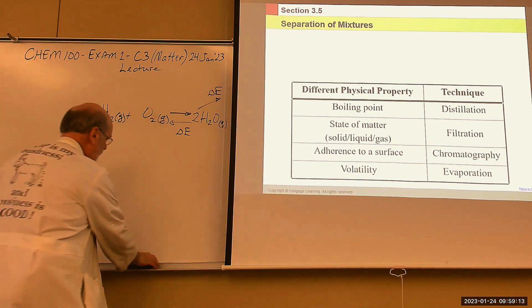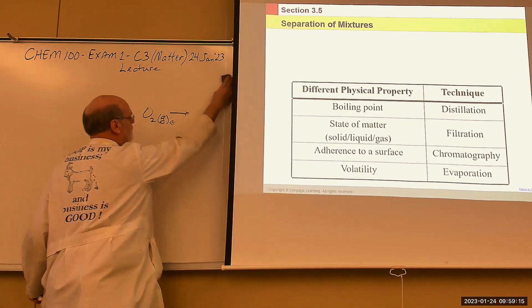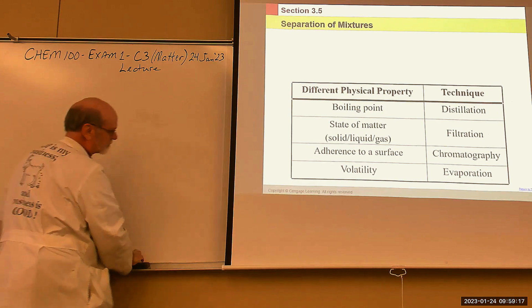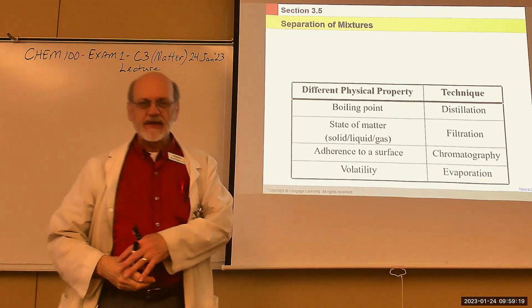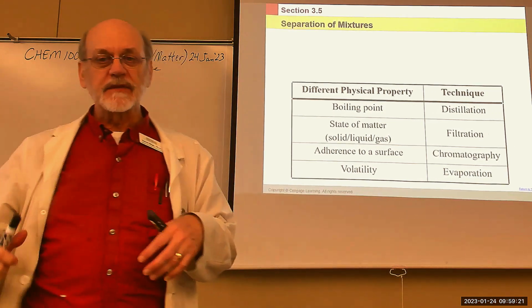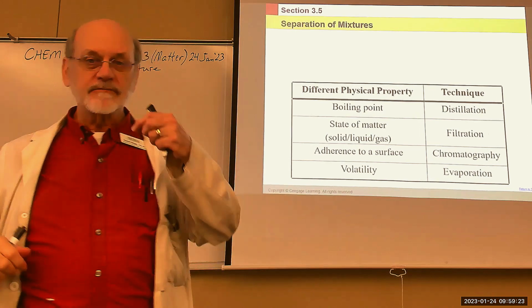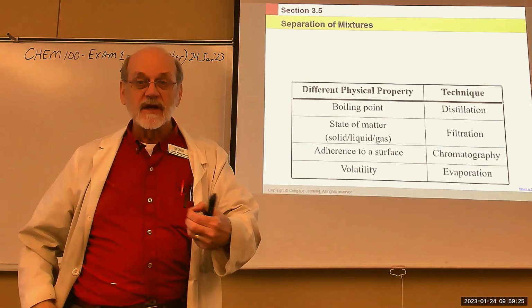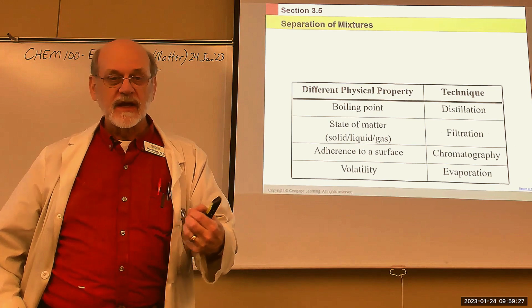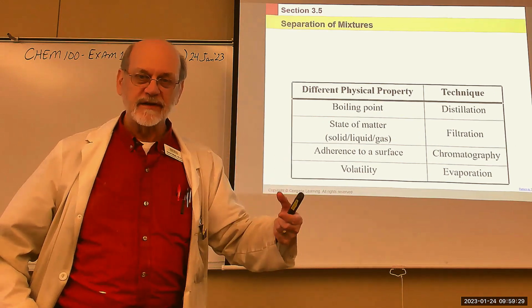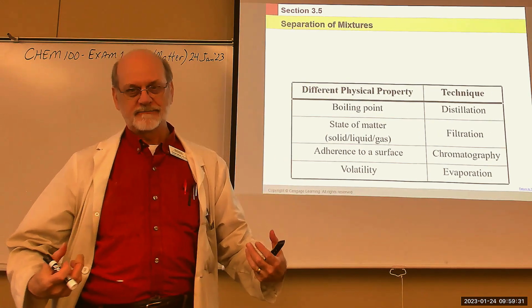So we can separate these mixtures by physical means. And these are examples of various physical properties upon which we operate to separate the mixtures.